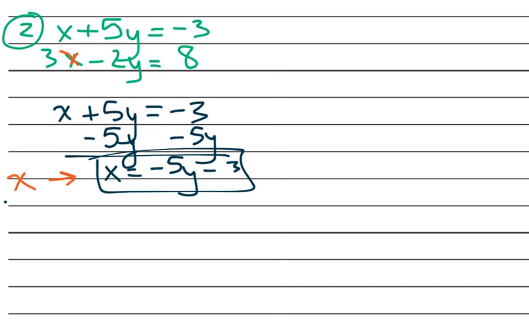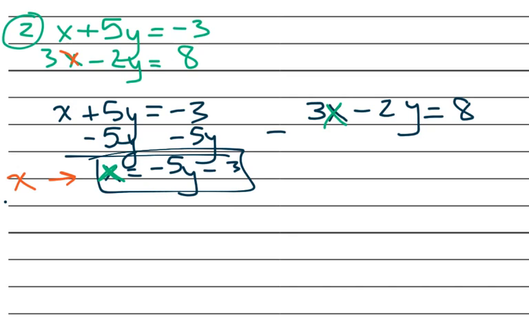To make this stand out for these early on examples, I'm going to be really thorough in how I do this. So here's 3x minus 2y equals 8. We know that x and x are going to be substituted, and I also know that x is negative 5y minus 3.